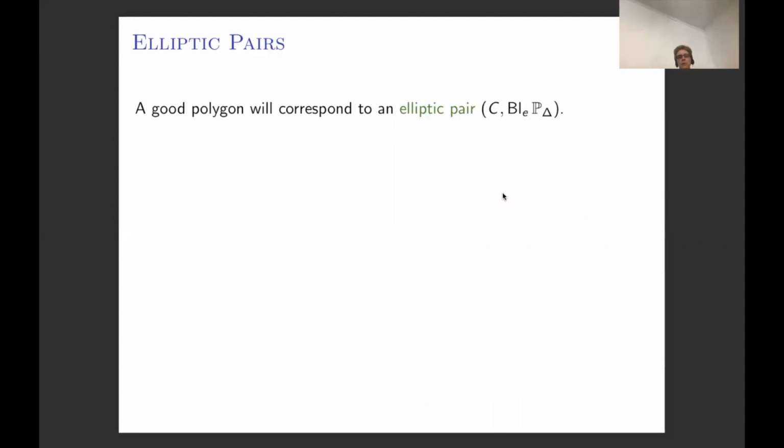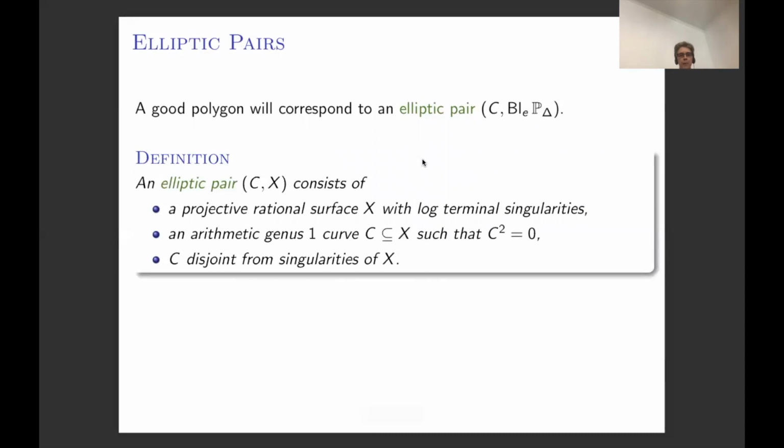So a good polygon will correspond to what we call an elliptic pair. It will be an elliptic pair of a special type where you have a surface that is obtained as a blow up of a toric surface. In general, an elliptic pair will consist of a projective rational surface X with log terminal singularities and an arithmetic genus 1 curve C with self-intersection 0, such that this curve is also disjoint from the singularities of the surface.